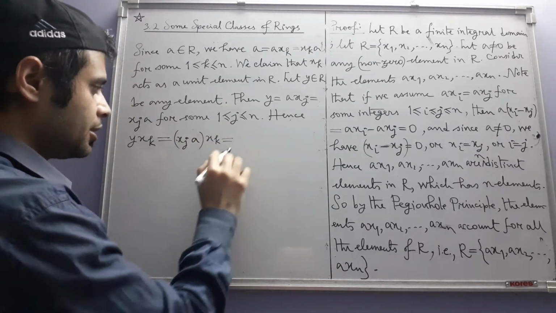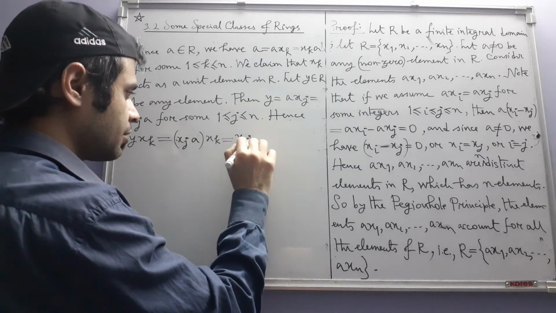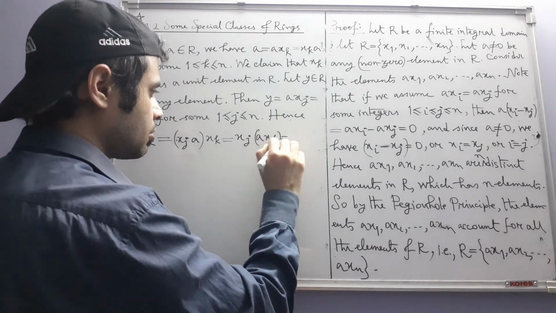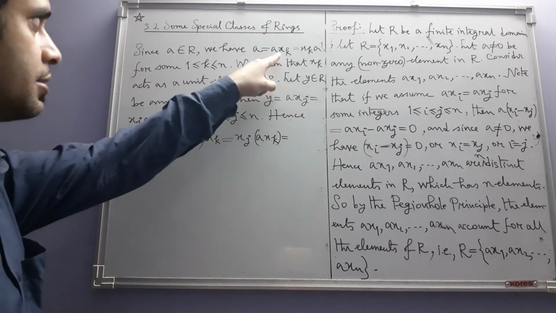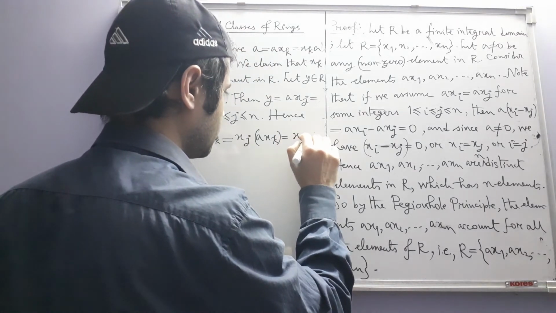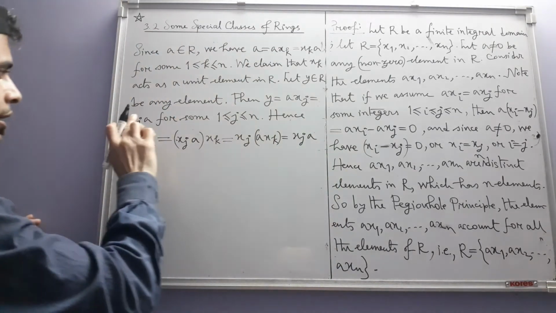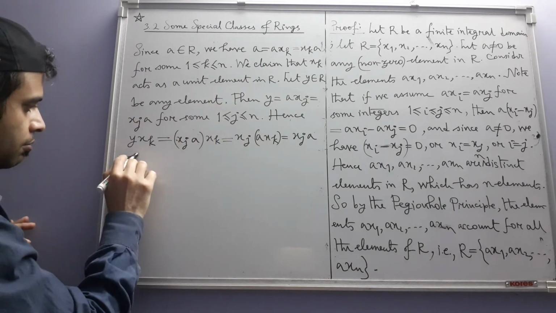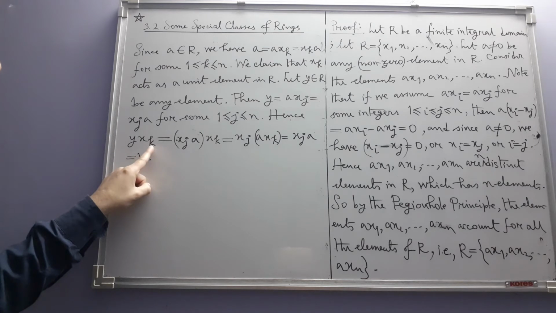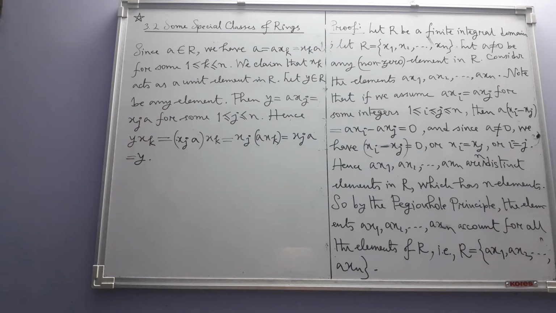Now by associativity of multiplication, I have xj axk, and axk is nothing but a, and xja is equal to y. So this indeed acts as the unit element in R.